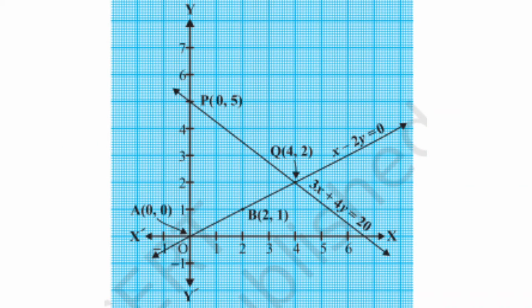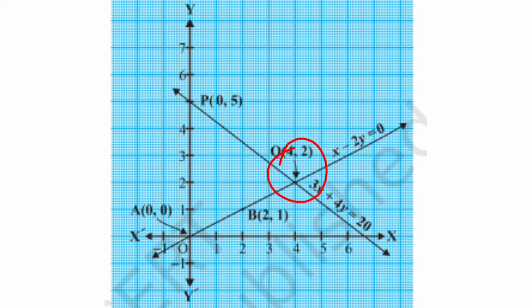Now, in the graph, you can see that the line x minus 2y equals 0 passes through 0, 0 and 2, 1, right? You can see the points A and B. And the line for the equation 3x plus 4y equals 20 passes through 0, 5 and 4, 2.